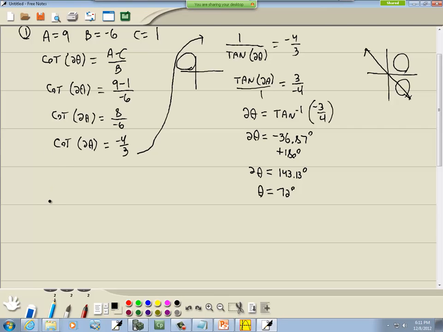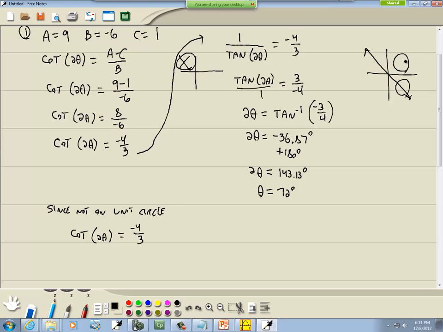So, since it's not on the unit circle, we said cotangent of our double angle is equal to negative 4/3. Which we said was in this quadrant right here.